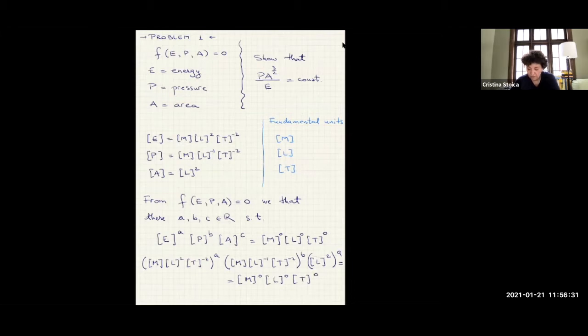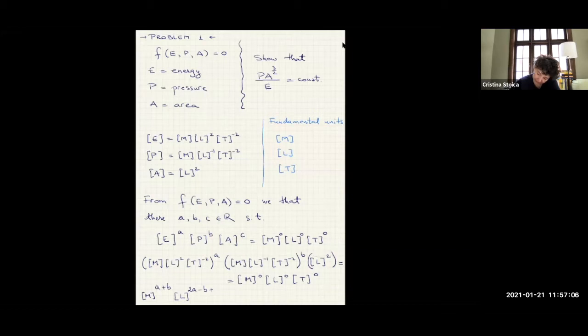Now we're going to combine the powers for each of the fundamental dimensions. The mass shows up at power a plus b, and that's it. Now L shows up at 2a minus b plus 2c.